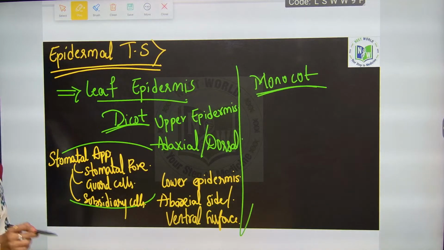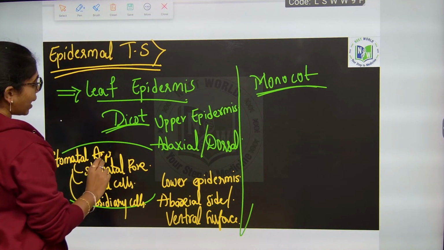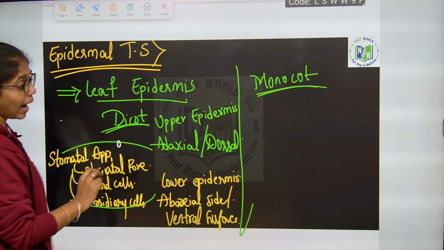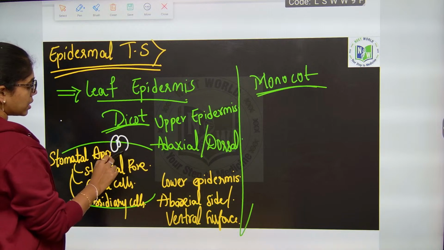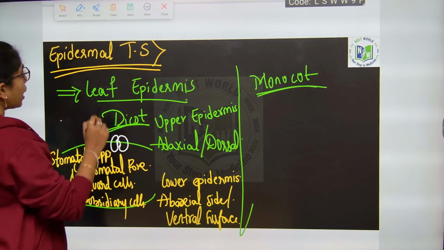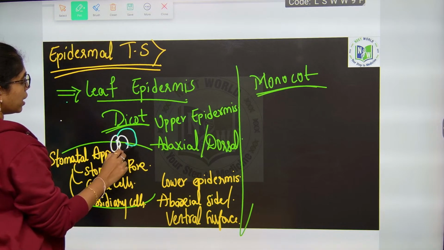Here, stomatal pore is at the center, and in the dicot leaf you will have bean shaped guard cells like this, and covering the bean shaped guard cells you can find the subsidiary cells like this.